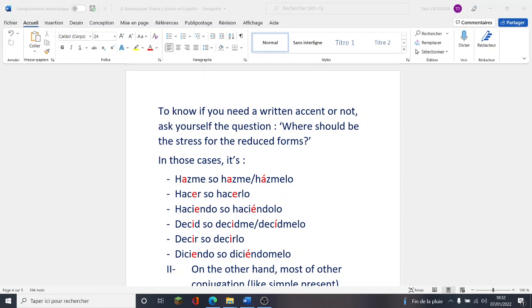Well, ask yourself the good questions, and you'll see it's quite easy. If you see what stressed syllable the reduced form has, then you can adapt the complex forms depending on whether you need a written accent or not.